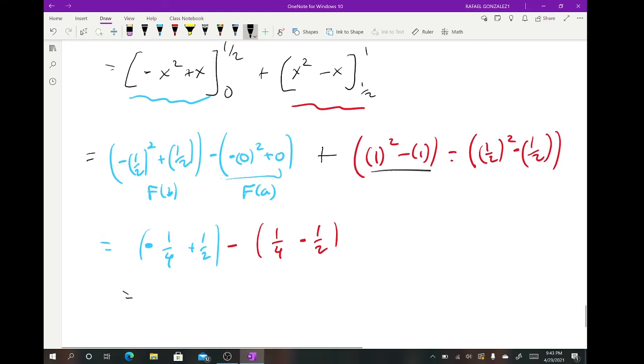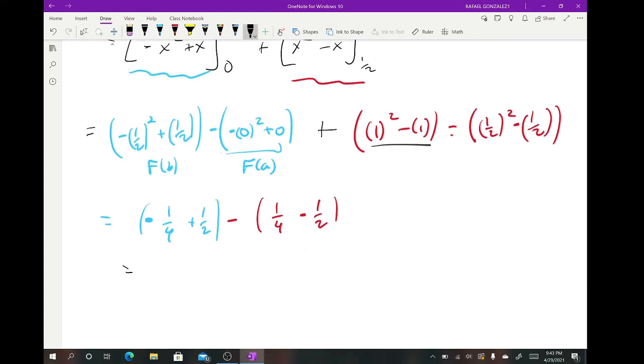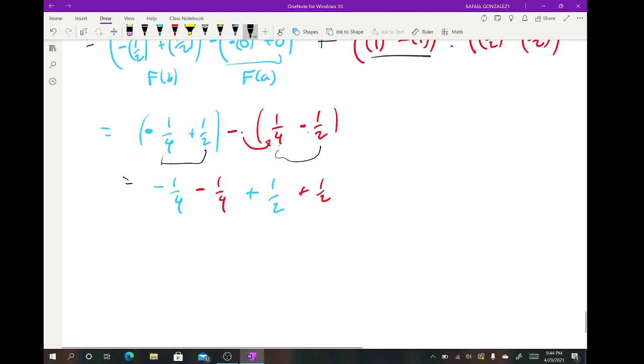So here, instead of figuring out, let's add this and this, instead of doing that, there's something that you can easily do. Just write like terms together. So we have minus 1/4, and then here we have another minus 1/4. Then here we have a plus 1/2 on the left side, and then on the right side we have another plus 1/2, because minus is plus.